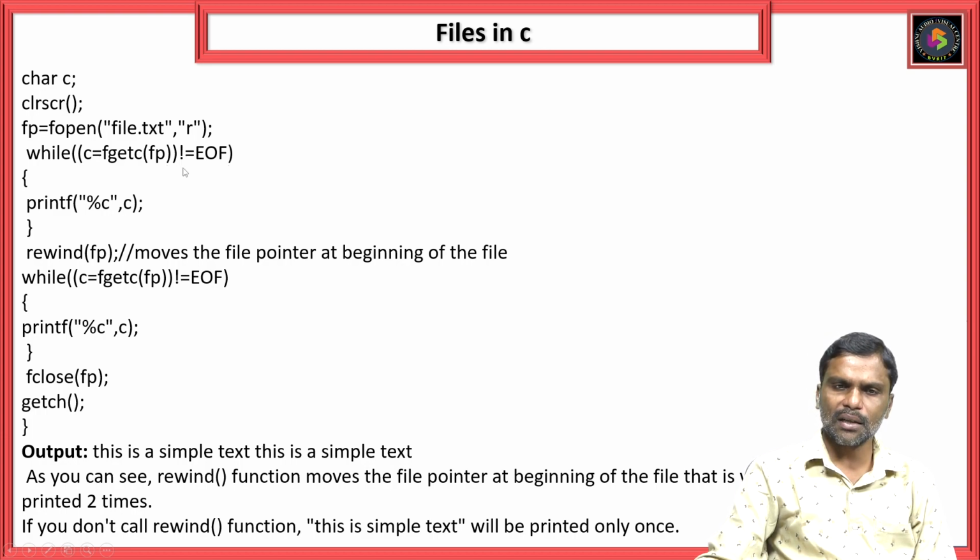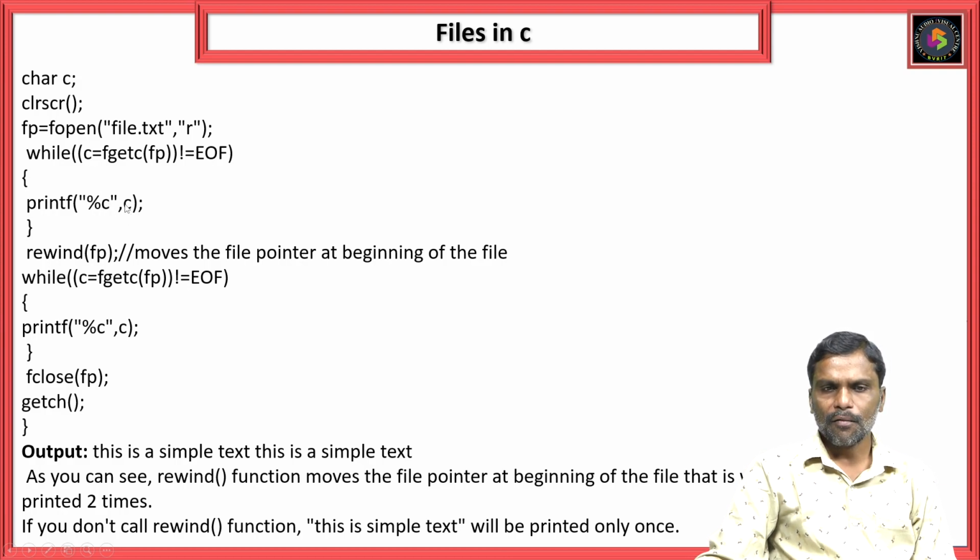Wherever the cursor is, it will keep moving forward. Then printf %c, c, because we are taking a character. Then the rewind function, which moves the file pointer to the beginning of the file, whether it is at the end or wherever. Again we check the file condition with fgetc, print c, and fclose. Very simple. The only thing is that you have to use the rewind function.